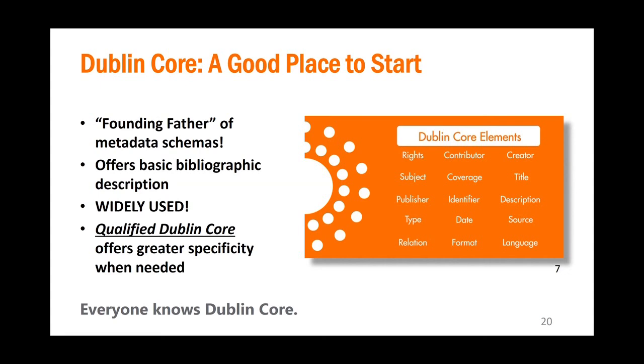Now at OSU, we were fortunate that both DSpace and ContentDM offered a good starting ground, as both of these systems make recommendations of fields drawn from Dublin Core and qualified Dublin Core. But apart from our own experience and familiarity with Dublin Core, we really would highly advocate Dublin Core as a good schema to start building metadata with, because virtually everyone knows Dublin Core.